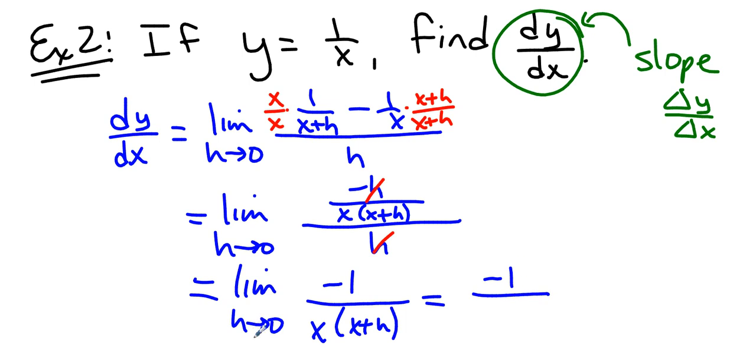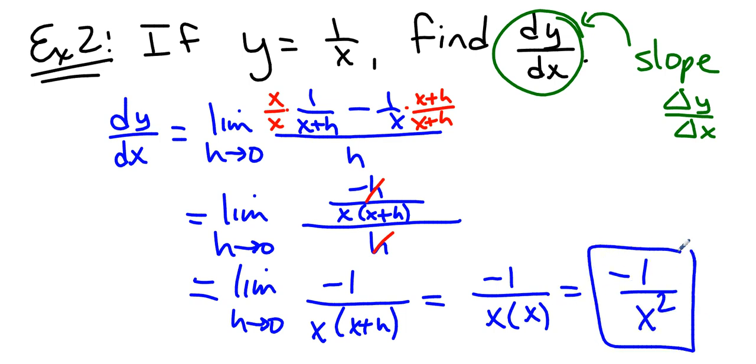As h gets closer and closer to 0, this gets closer and closer to x plus 0. And so this is negative 1 over x squared. This is the function. This tells me how to find the slope of the tangent line at any given point.